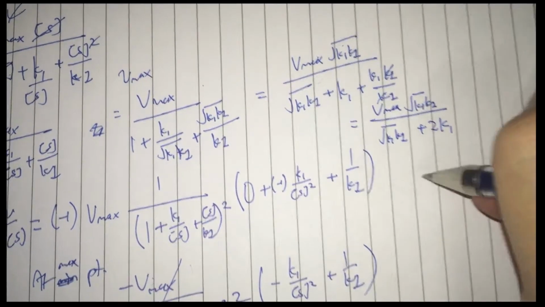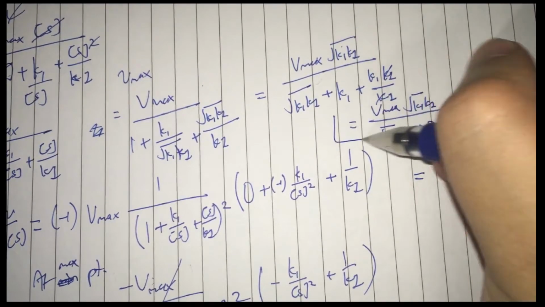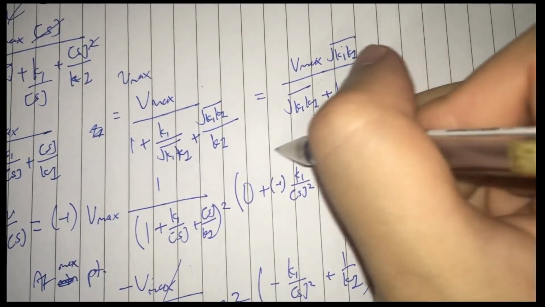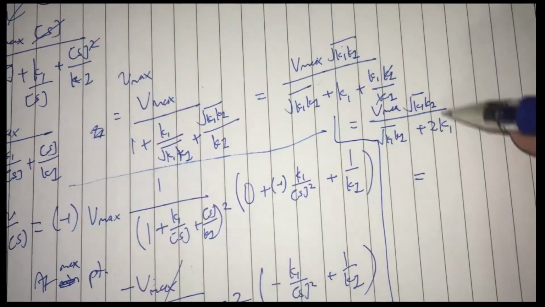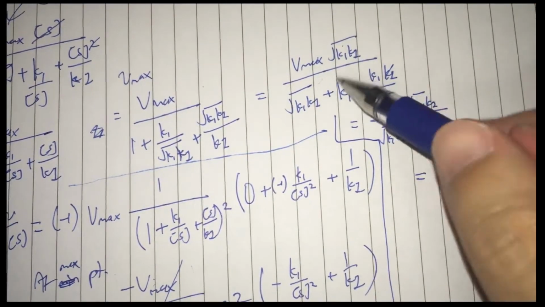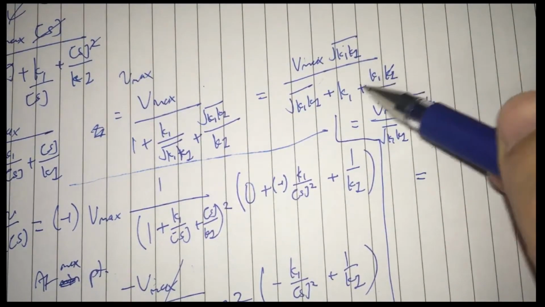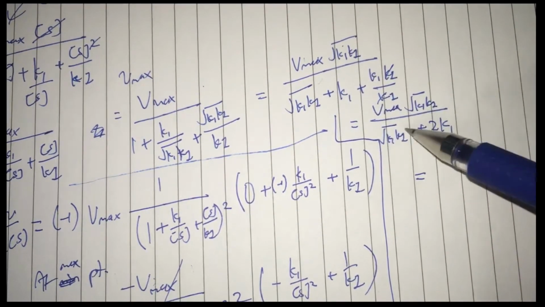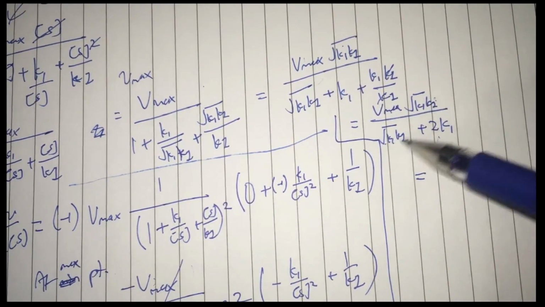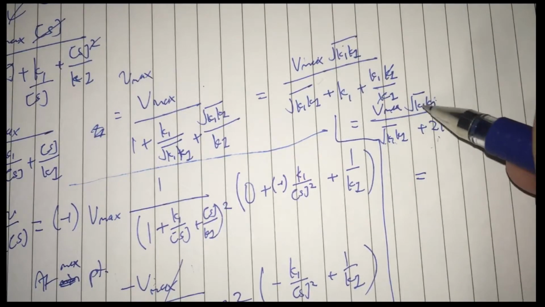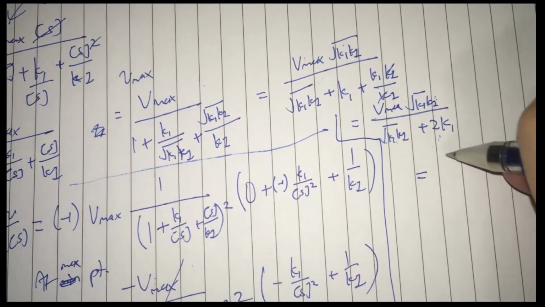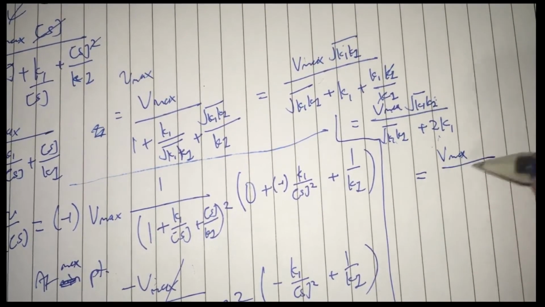K1. I apologize for the mess. Just ignore the bottom. Okay, so you see the Vmax, and you have the square root term here. So now you have 2K1, which is this one, the Vmax, and these two root terms. And I'm going to divide both top and bottom by this square root term. Then you can see what the correlation is like.